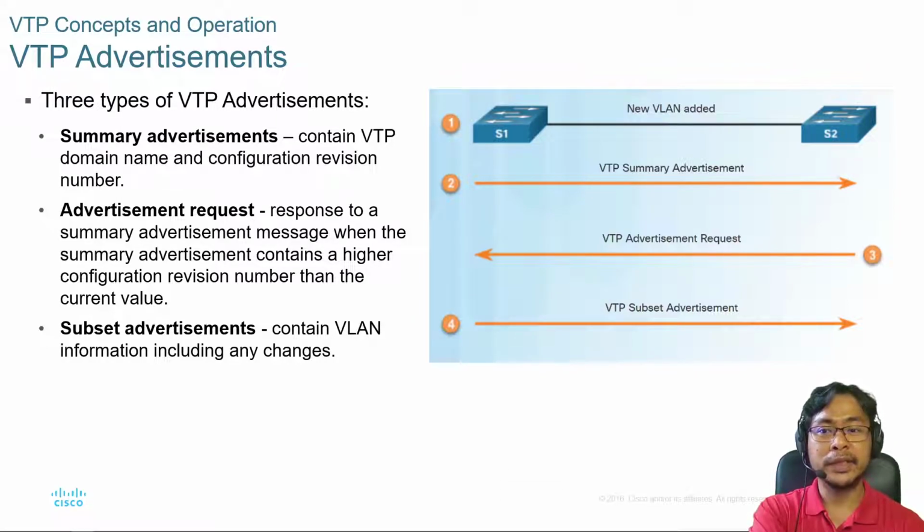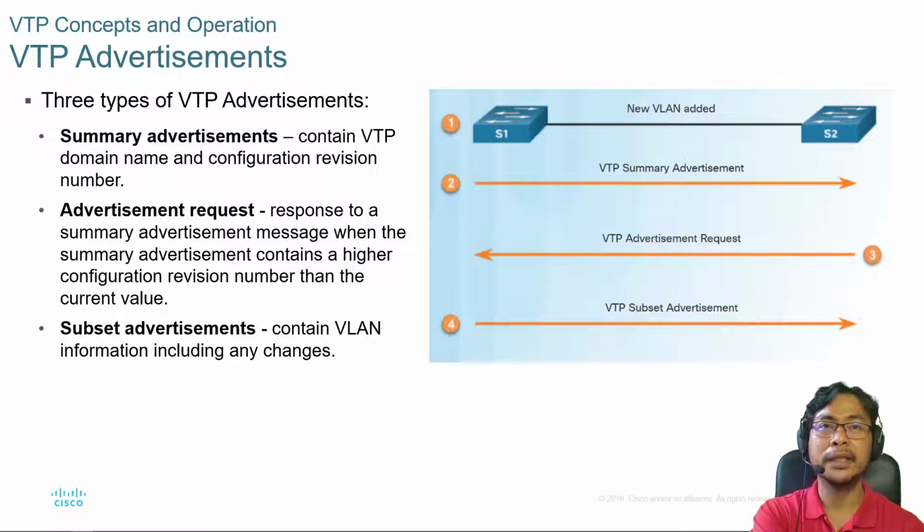Once an advertisement is received by a certain switch, then comes a response. That switch will ask the server about the different VLAN information that are to be configured for that switch, as it is the client. It should receive advertisements about VLAN information.